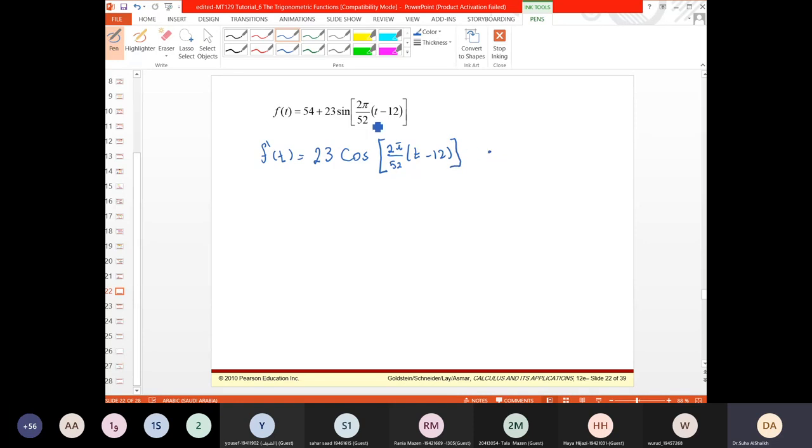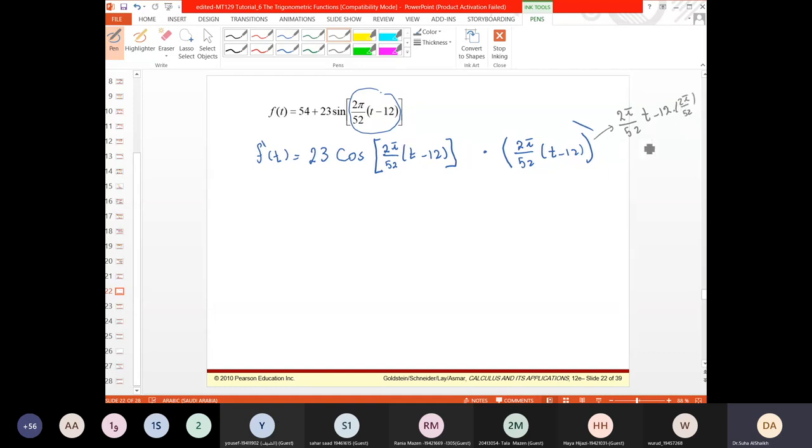Since I have sine of a function, we must multiply by the derivative of what is inside. We have to multiply with the derivative of what is inside. So we write that I'm going to find the derivative of 2 pi over 52 times t minus 12. Now this one is 2 pi over 52 times t minus 12, which is a function.